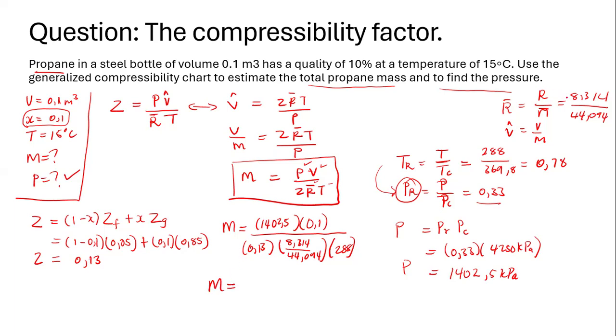I'm saying kilograms because for the value of R here, like I said, I used kilojoules per kilomole per Kelvin. Okay. And then for M, I used kilograms per kilomole. Okay.